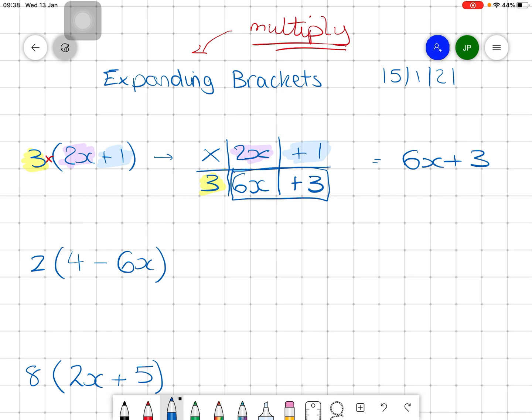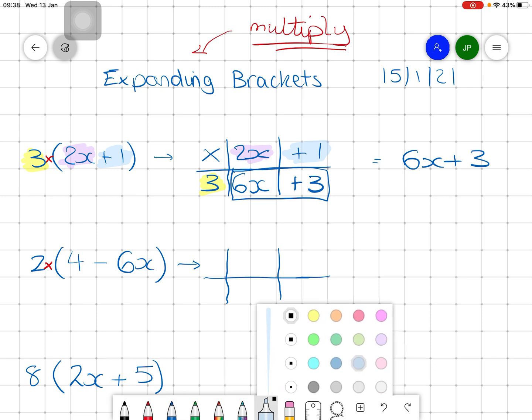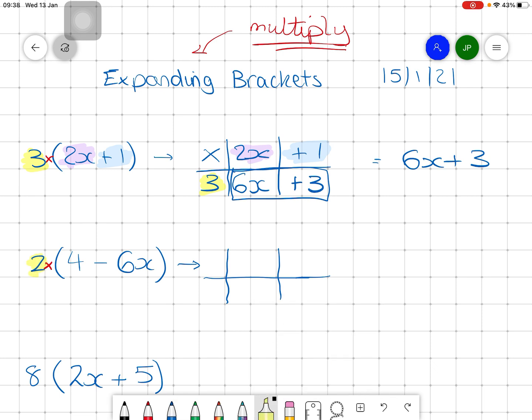Right, let's just have a look at another one. So, 2, then in brackets 4 minus 6x. Now we know that means multiply. Whenever we're asked to expand brackets, we are going to come back to our grid again. So we put our grid in, we put whatever is outside the bracket, so in this case 2 is going to go into that first box there.